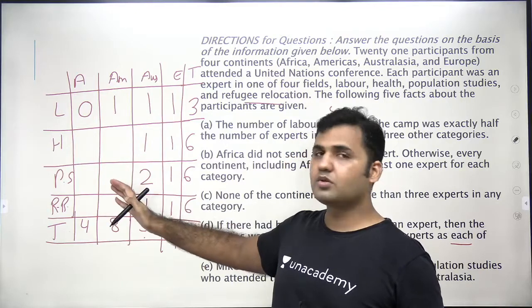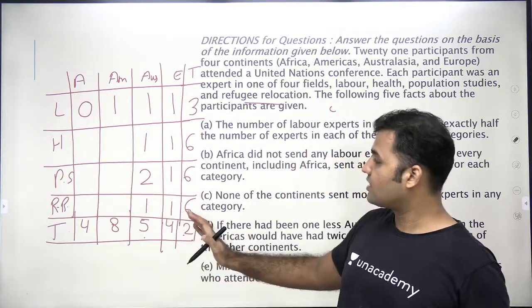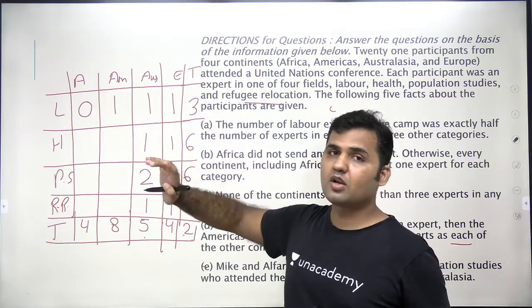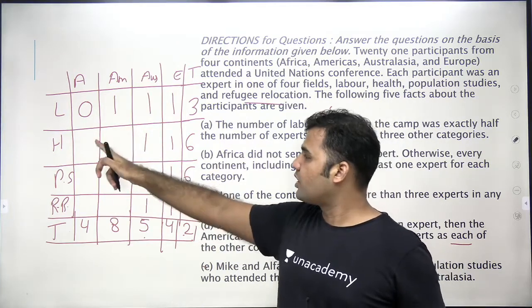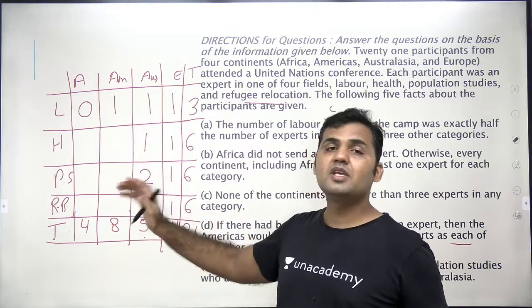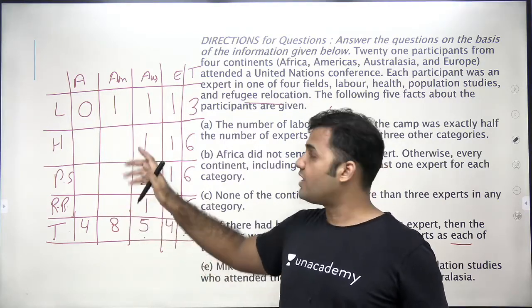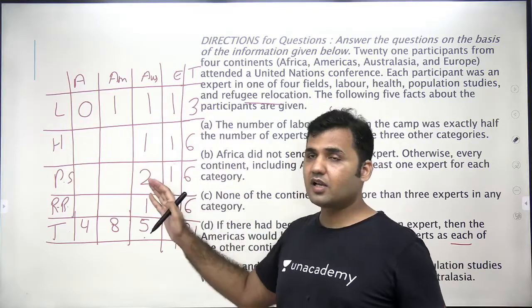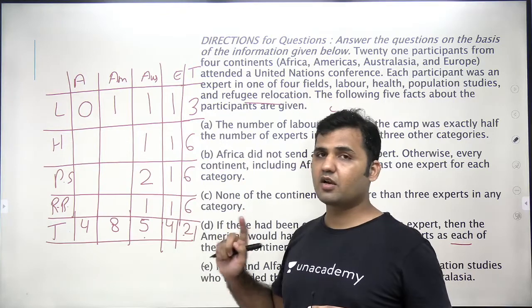I also used to solve this particular set by putting in all the possible values, which takes a lot of time. If I start putting all the possible values here, there will be a minimum of 3 cases that I need to make. And to make these 3 cases and then answer the questions accordingly, I'll have to look in every table. It will take a lot of time.